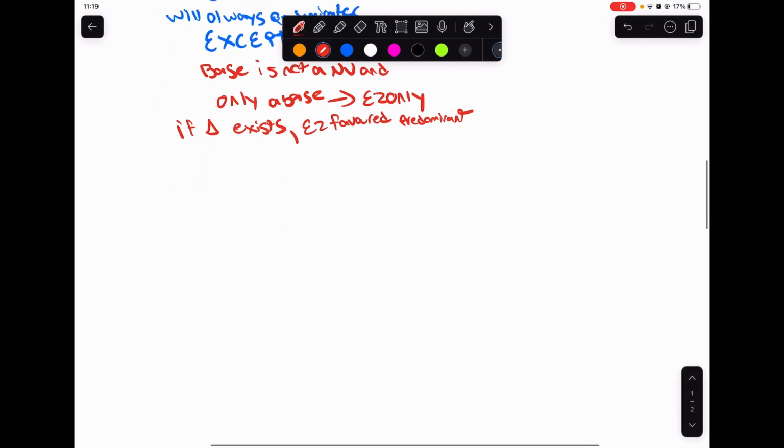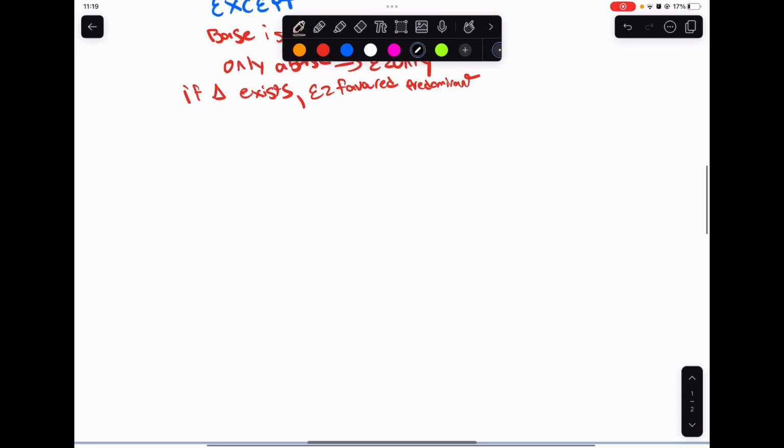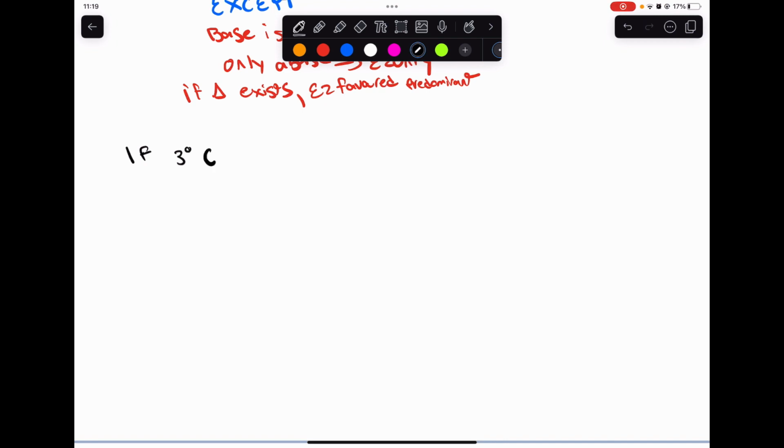And finally, the last one, if our alpha carbon is tertiary. It can be SN1 or E2.